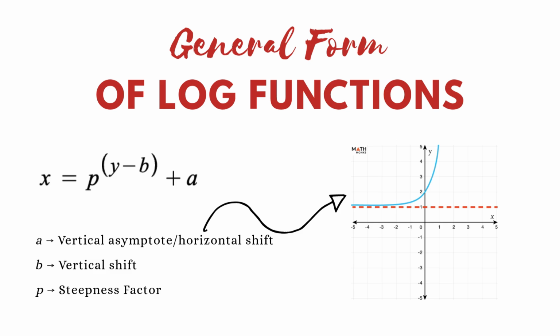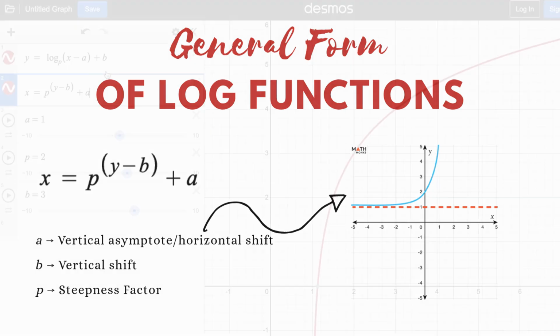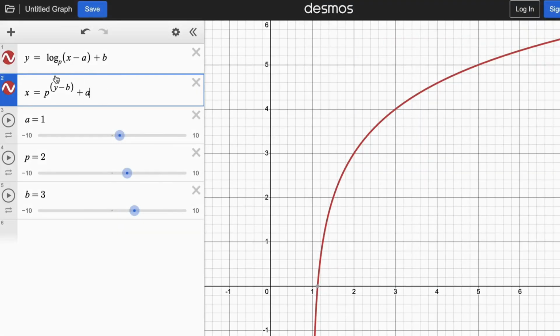So let's have a visual look at this on Desmos and see how each of these variables controls our log function. Here is the log general form, but I just wanted to show you that this is the same as writing this over here. If we wrote y is equal to log base p of x minus a, plus b, that's the same as writing x is equal to p to the power of y minus b.